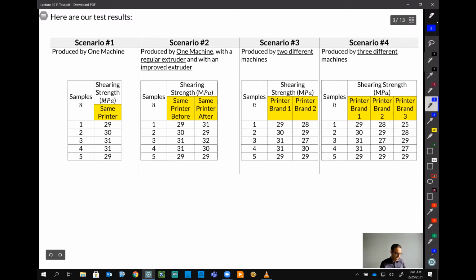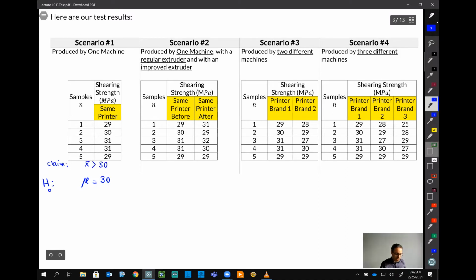So if I want to test these scenarios, my null hypothesis H0 for scenario number 1 can be something like mu is equal to, let's assume, 30. Because our claim, remember, is that the average is bigger than 30.